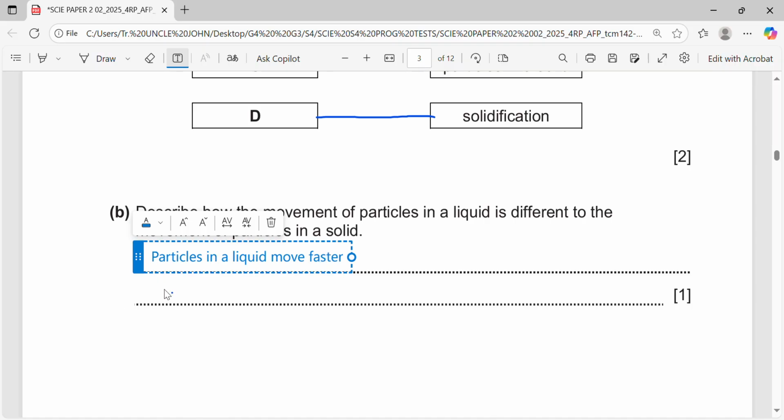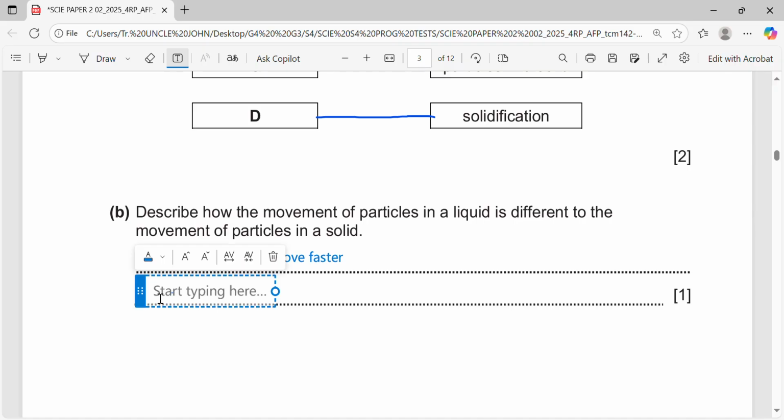You can again say the particles in solids just vibrate. Particles in a liquid move faster. Particles in solids just vibrate.